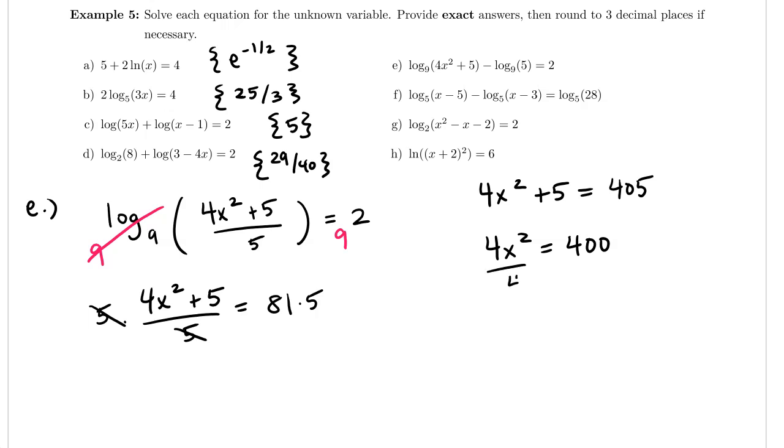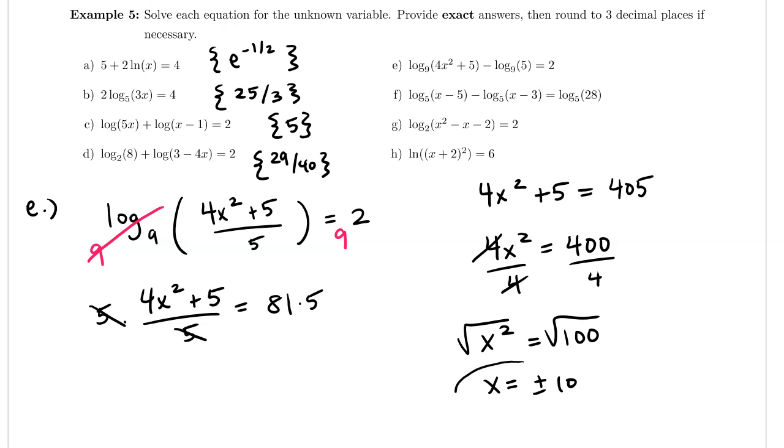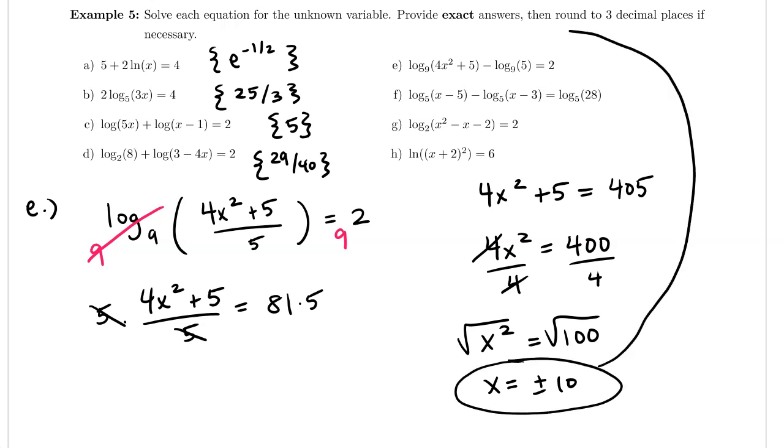Then I can divide both sides by 4. I get x squared is equal to 100. Take the square root of both sides, and we get x is equal to plus or minus 10. Now, we can plug in both of these because in our x value, we're squaring it, and we don't have to worry about taking the log of some negative number. So these are both valid solutions.